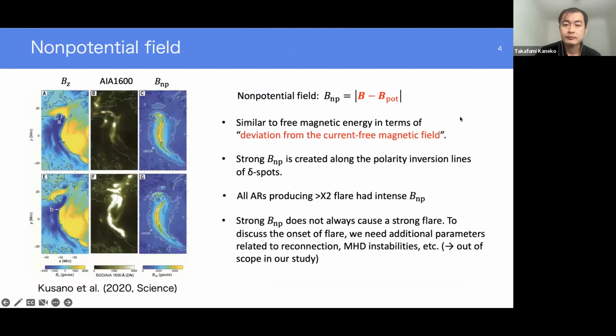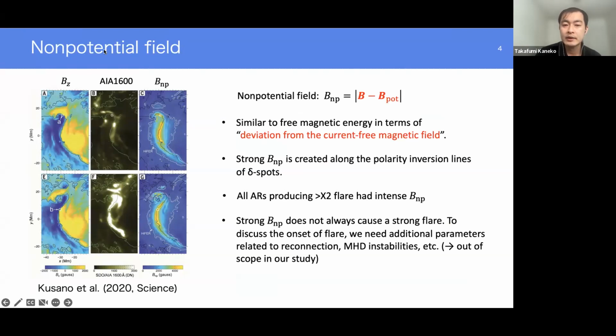So that was a case of a 3D magnetic field, but even from the 2D magnetic field, we can somehow know whether magnetic energy is being stored or not.